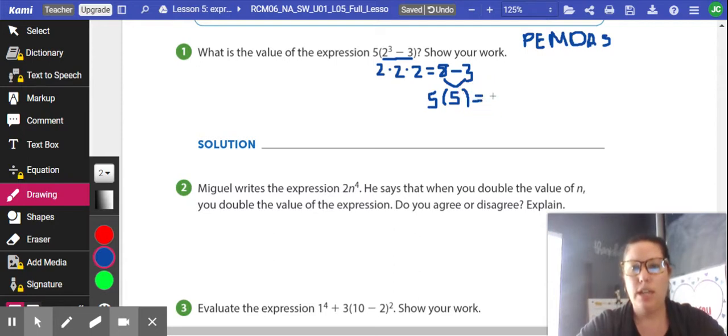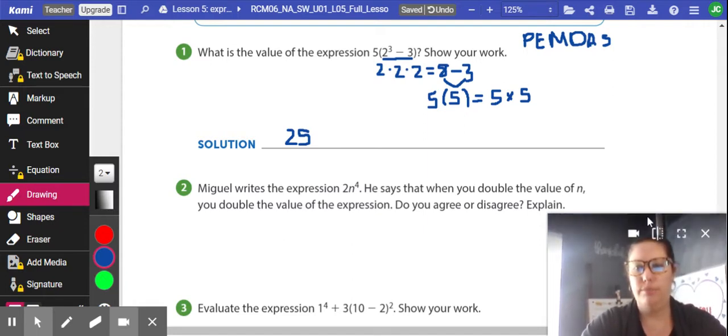So this is telling us that we need to do 5 times 5, which is what? 25. So our solution here is 25. Okay, so I think it's really important for us to know PEMDAS, our order of operations, because that's going to tell us exactly what we need to do.